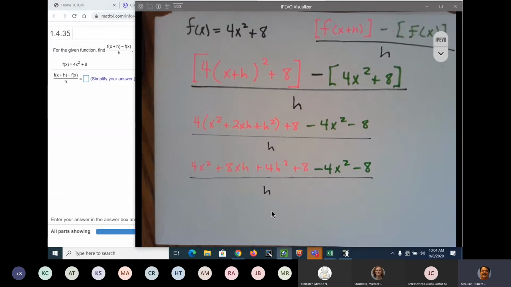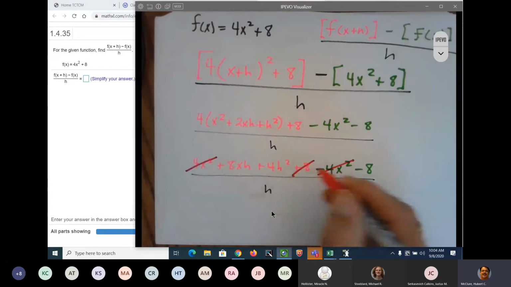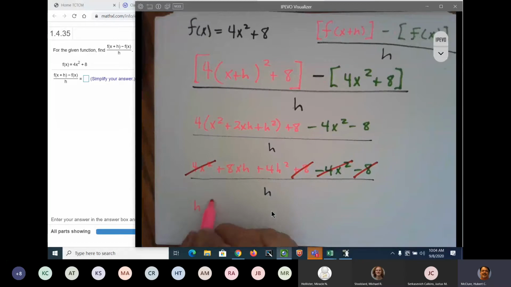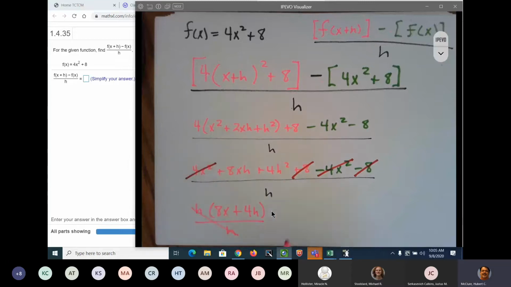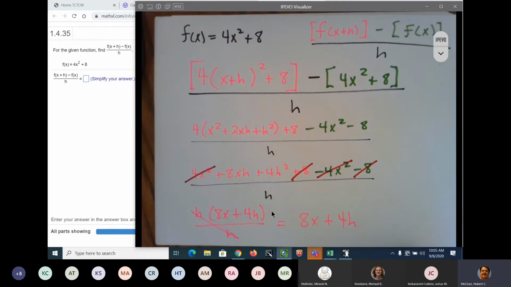Take our handy dandy red pen and factor out an h. And your answer is 8x plus 4h.